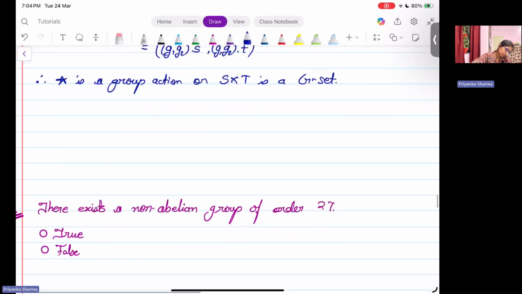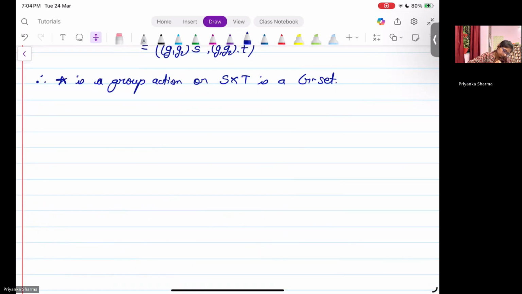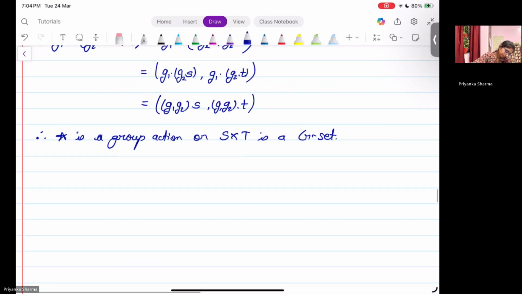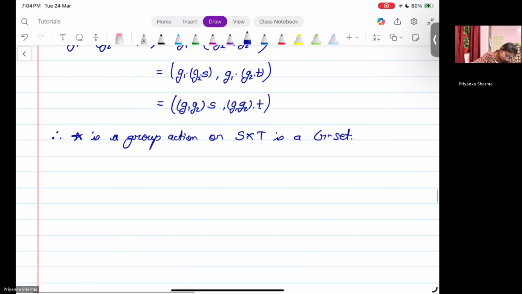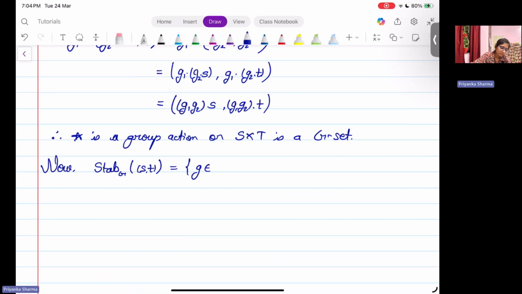Okay, let's do it. I would prefer to use this notation: the stabilizer in G of some element (s, t). This will be the subgroup consisting of all those g belonging to G such that g star (s, t) is the same as (s, t).